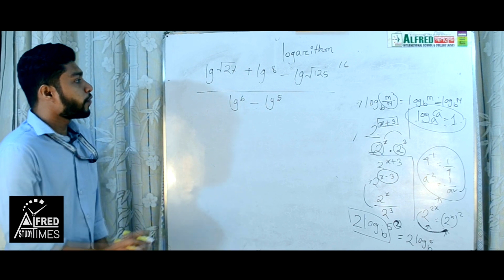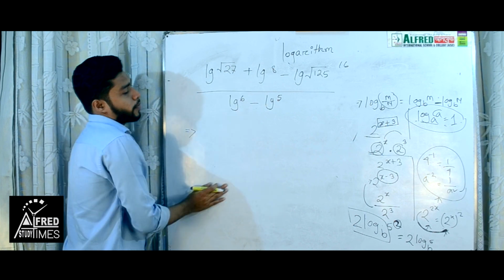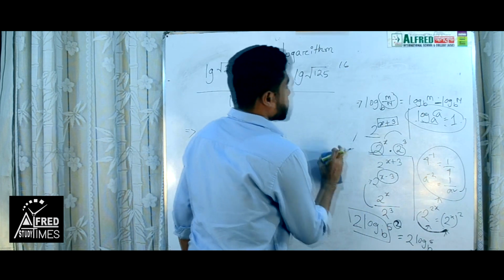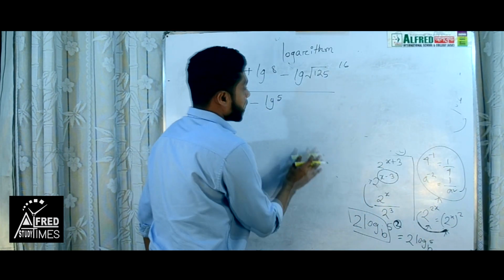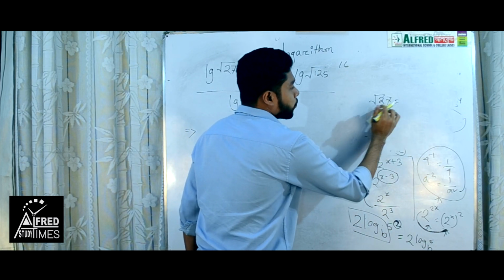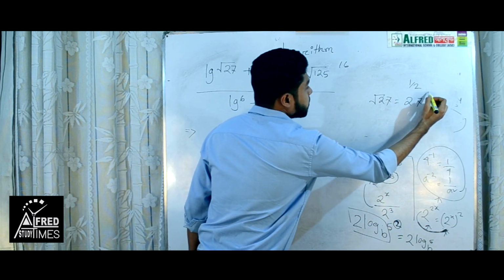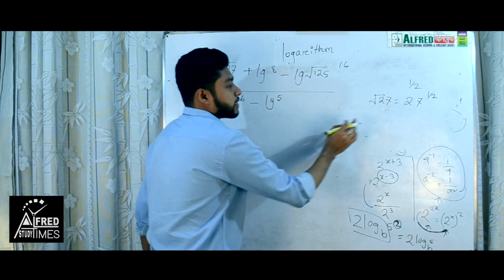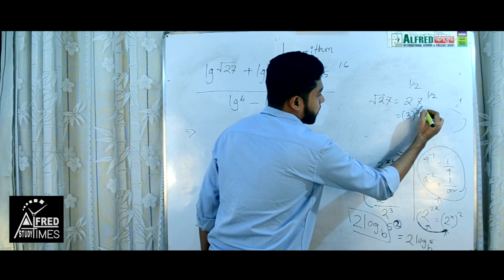So now we can see here root 27. I erase it, and so here you can see root 27. We can write a root as a power of half, so 27^(1/2).